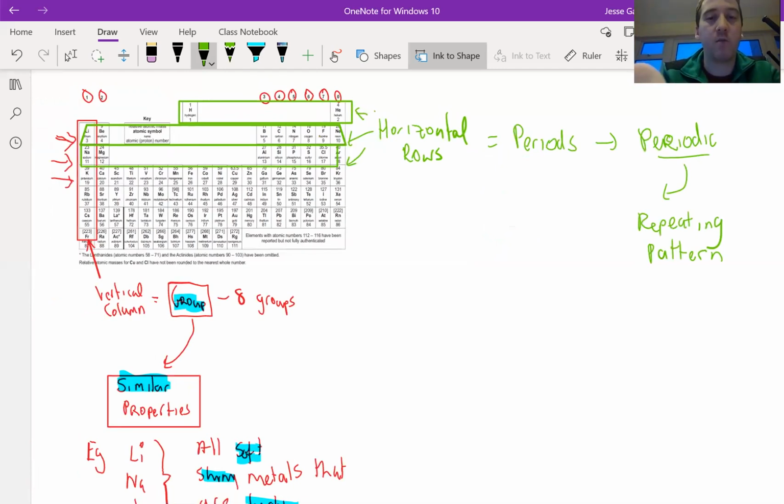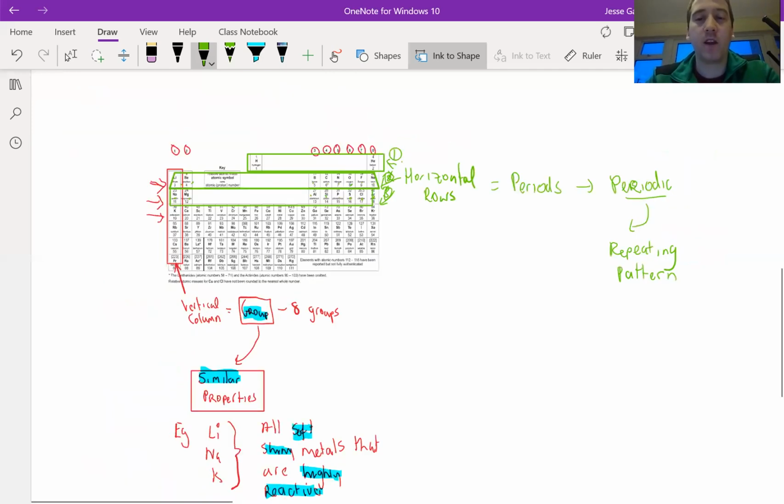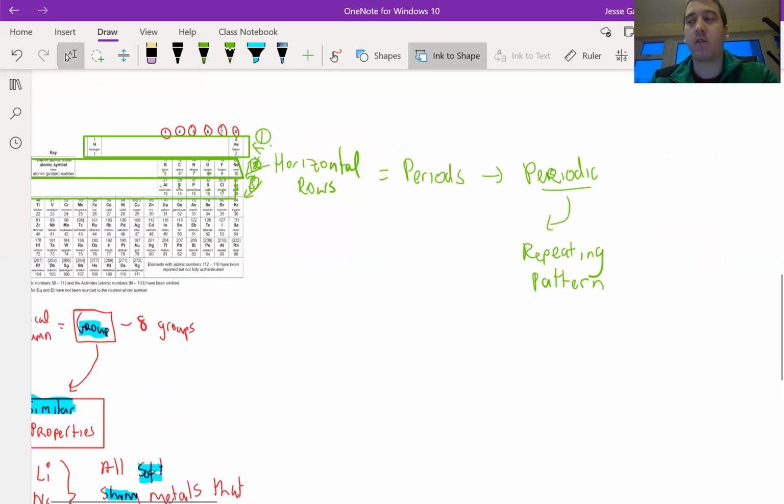This is period number 1, this first green horizontal row. This is period number 2, which has 8 elements. Period number 3 has 8 elements in it too. As you can see, that's a repeating pattern. So a horizontal row on the periodic table, we call periods.